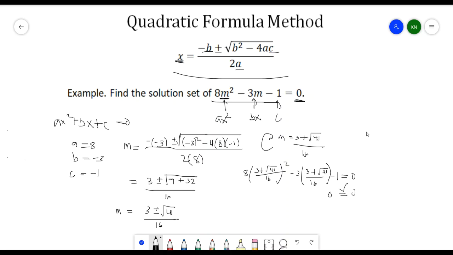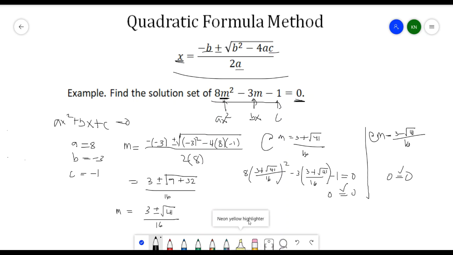So if you try to calculate that one using the minus square root of 41, let's try. At m is equivalent to 3 minus square root of 41 all over 16, if you try to plug that into our equation, that still gives us 0 is equivalent to 0.